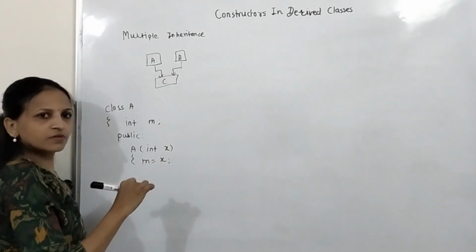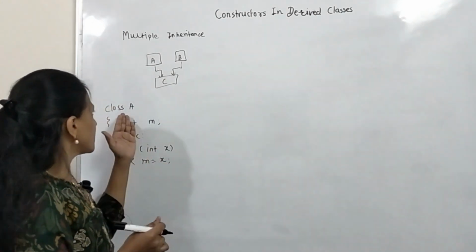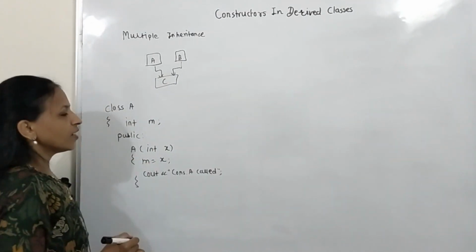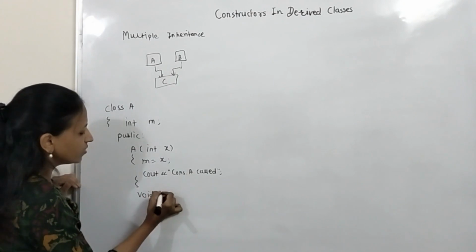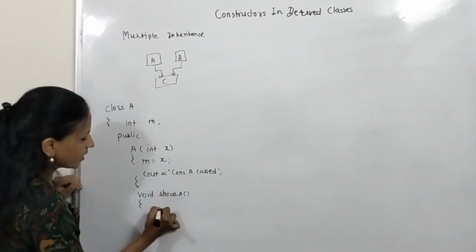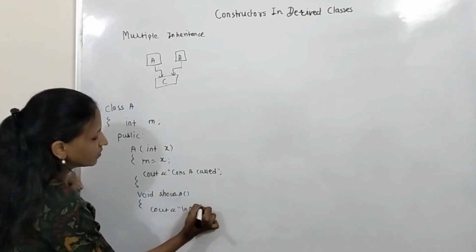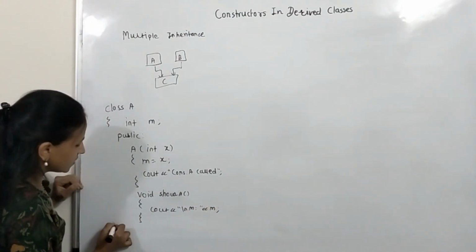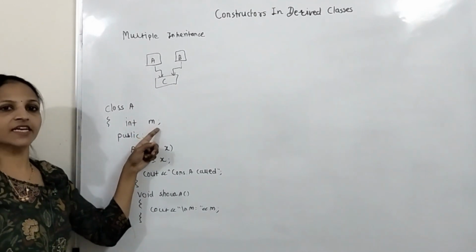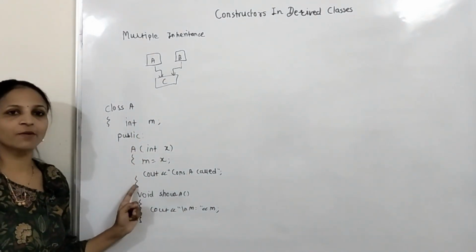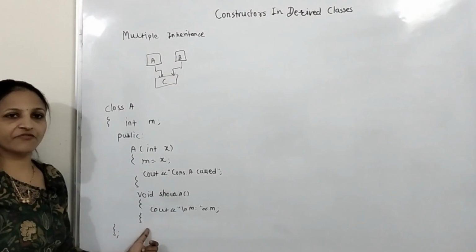And here we can give a message like A class constructor called. Now here we can also write a display member function, void show A, cout m colon m, that's it. This is our class. You see, this class has one integer data member, one parameterized constructor and a show member function.